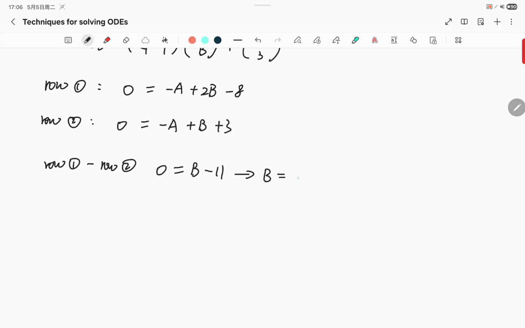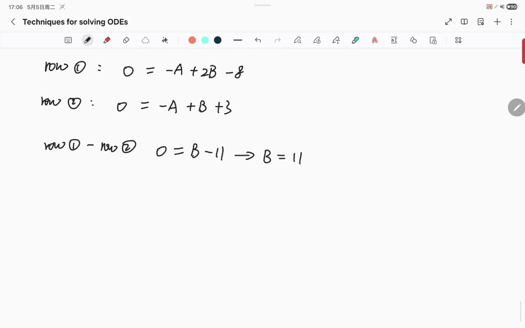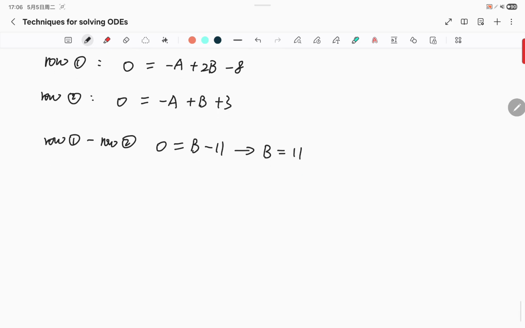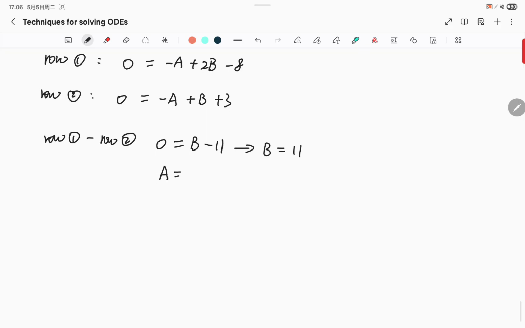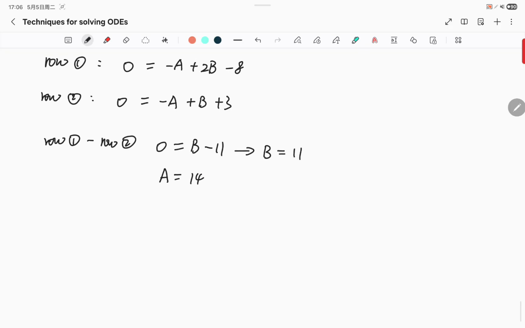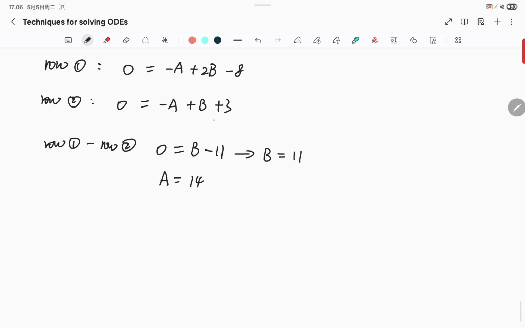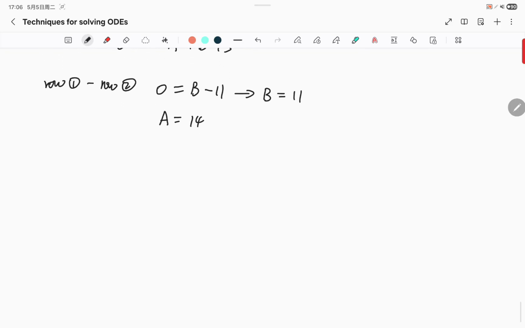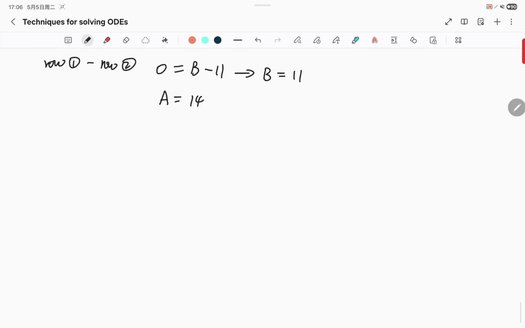So my b is 11. And then we can plug b into any of the equations. We got a to be 14. Right, we can do it here. So 11 plus 3, that's positive 14, minus 14, that's 0. So we just found a and b by using undetermined coefficients.